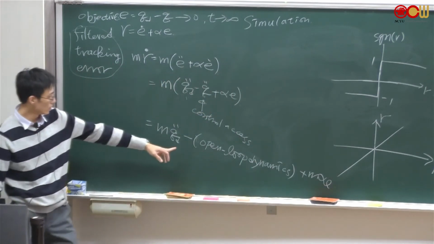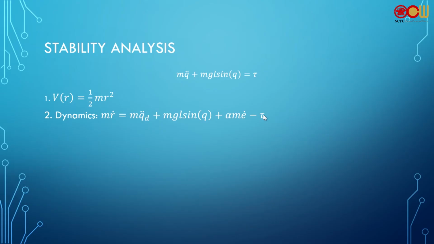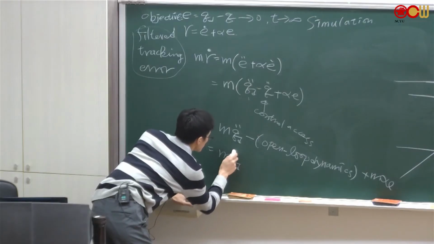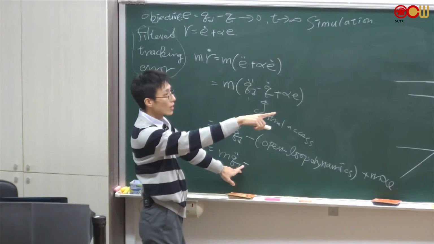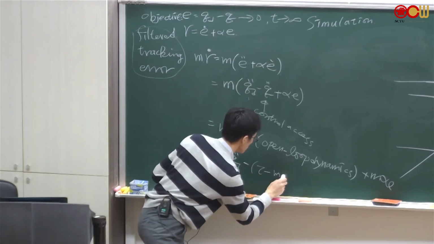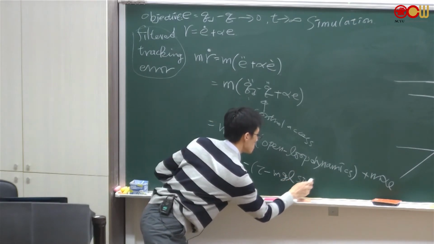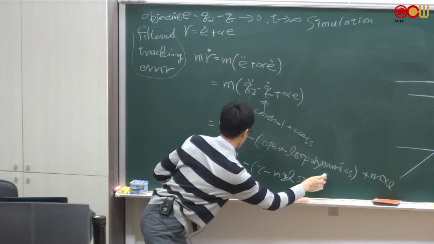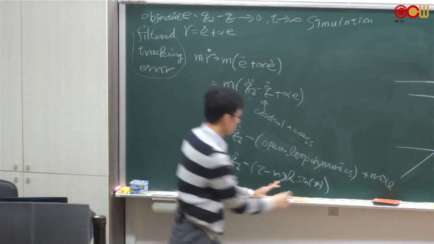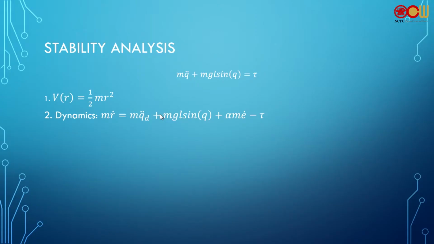Okay. Then in here you can see the control input tau, and this is same as the second equation, the number 2 equation, minus that, which is tau minus m g l sine q, right, plus m alpha e, and that is that.